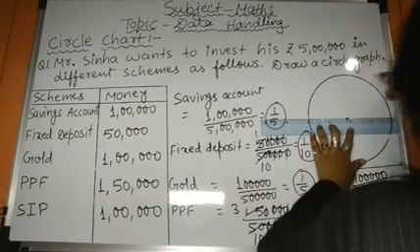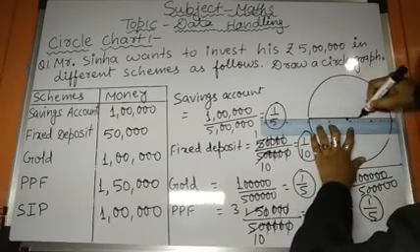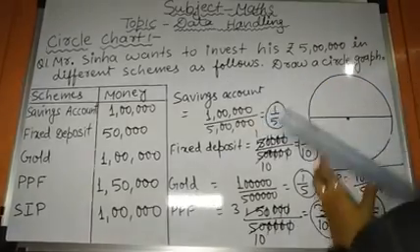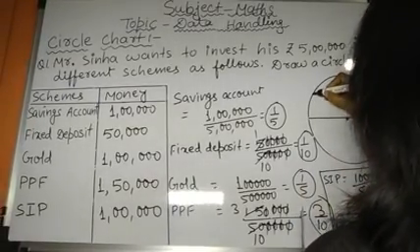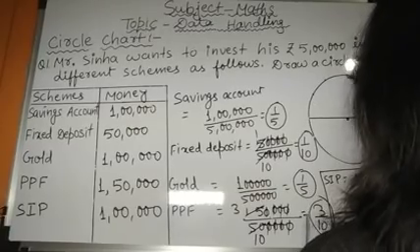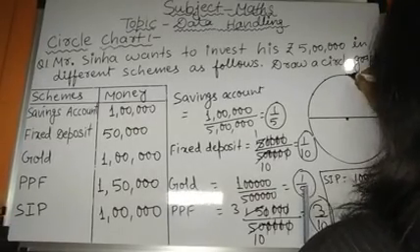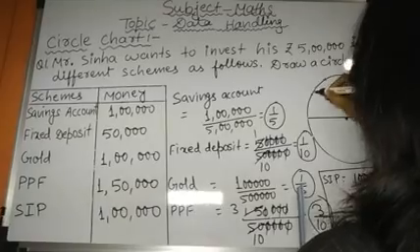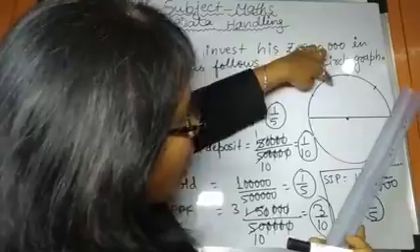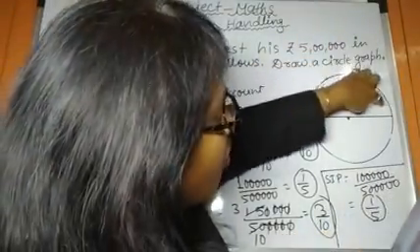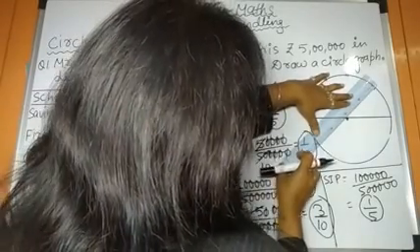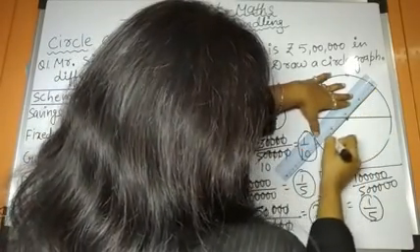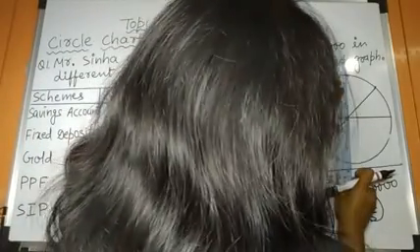First of all, we will make it half, and then we divide this into 5 equal parts. So 1, 2, 3, 4, 5 equal parts up. Similarly 5 equal parts down. Then we just join the points.